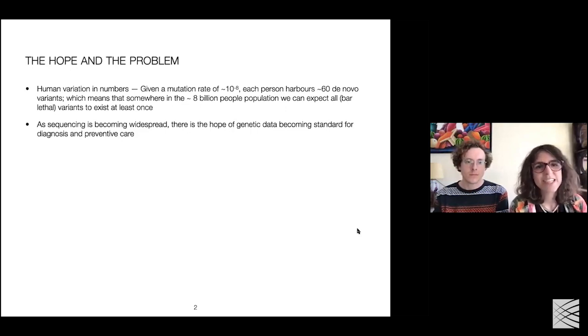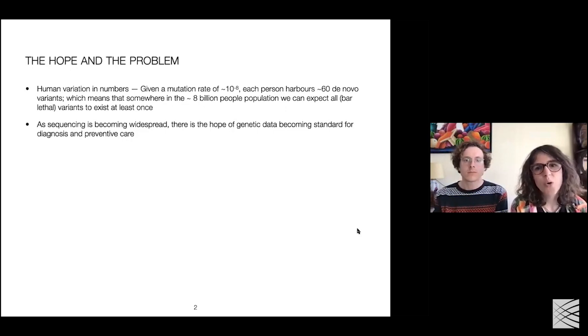Now, the hope is that we should be able to map this genetic variation to the human disease phenotype such that as sequencing is becoming more widespread and more easily available, human genetic data can be used in the clinic to inform clinical decisions such as diagnosis and preventive care.